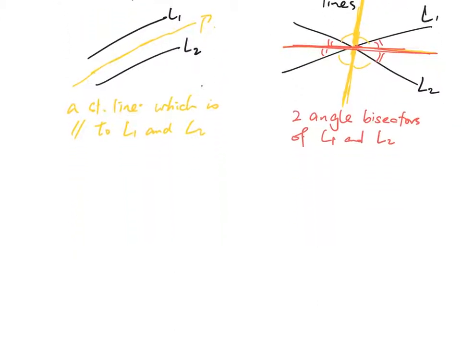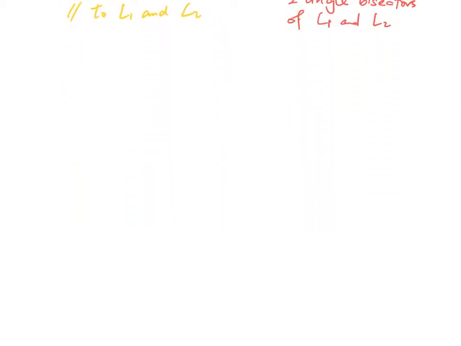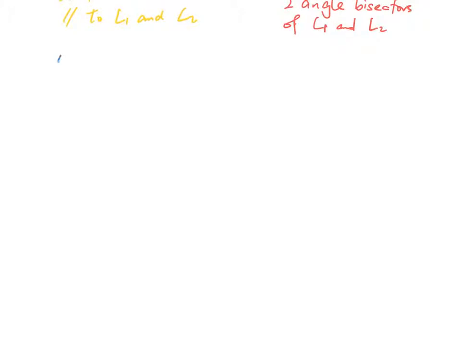Next, when it comes to the fifth case, it is called equidistance from a point and a line. For calculation, you have to read the notes for more details, and now I'll just give you some ideas.